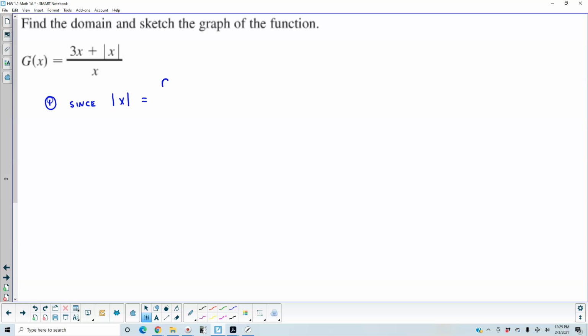Now, remember that this is a piecewise function. It's positive x if x is greater than or equal to 0, and it's negative x if x is less than 0.